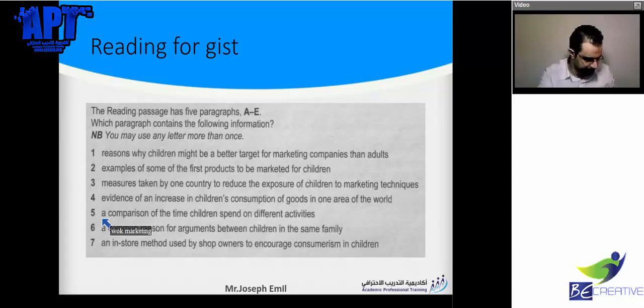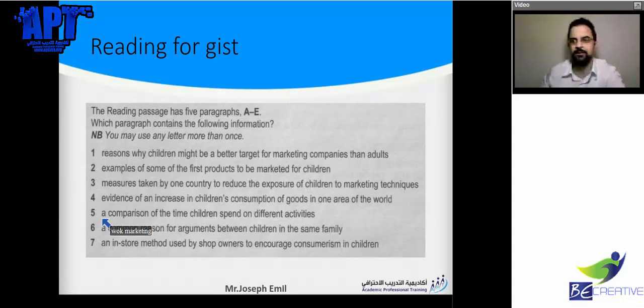Just a moment. So, again here, a common reason for arguments between children in the same family, and an in-store method used by shop owners to encourage consumerism in children.